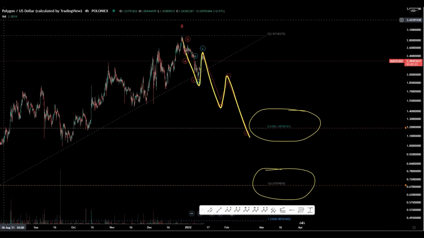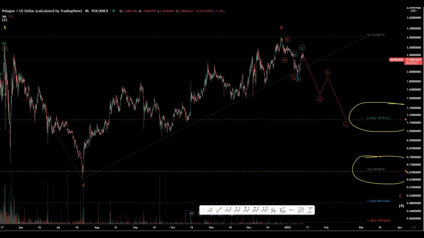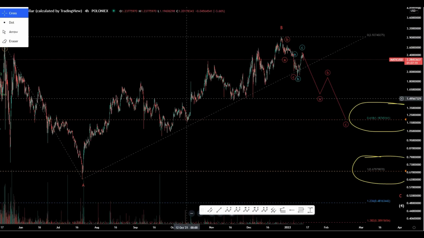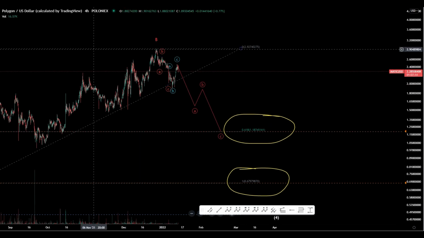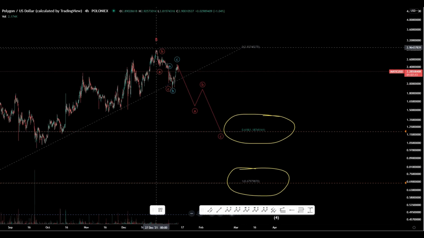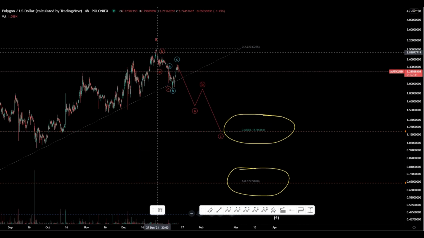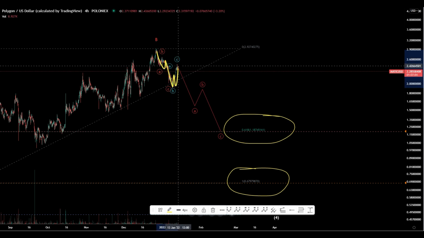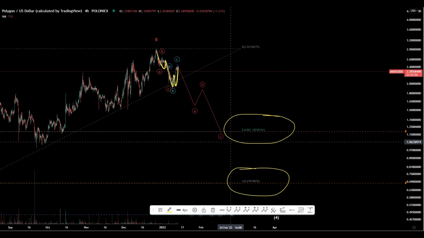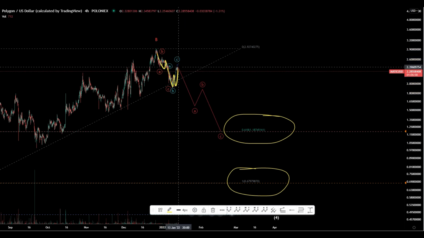But what I'm expecting is a series of 3-wave moves, not a 5-wave move. So we had a 3-wave move off the top, whether you want to call this a B or a 1, and we have a 3-wave counter trend. My expectation is you'll either get one big one, as I have drawn, or multiple small 3-wave moves.